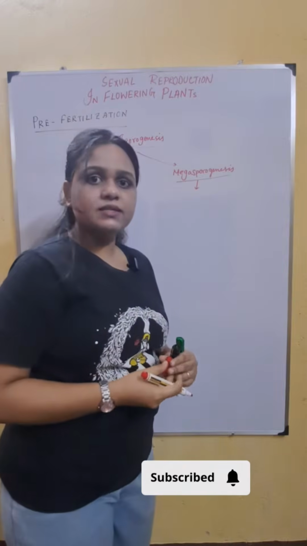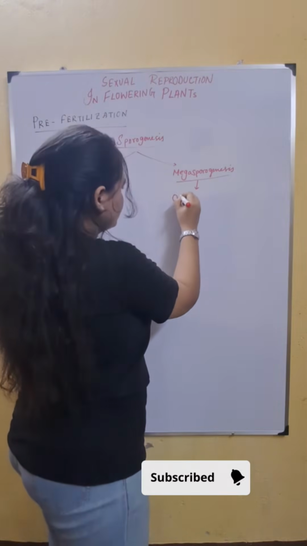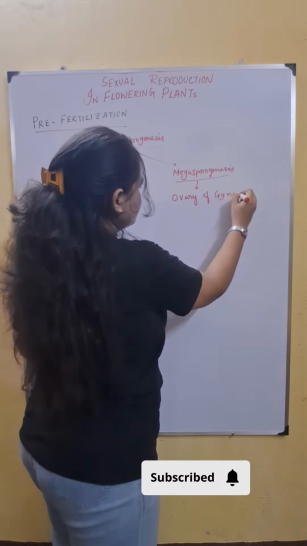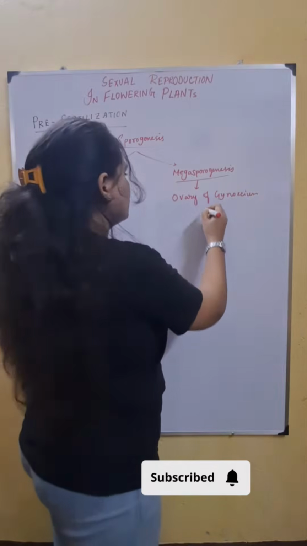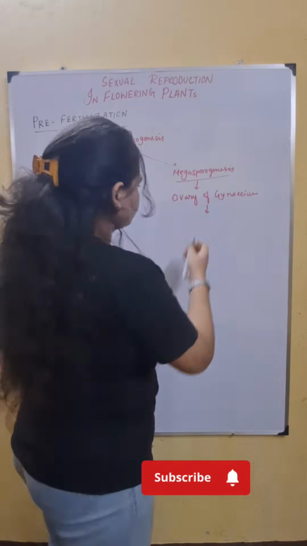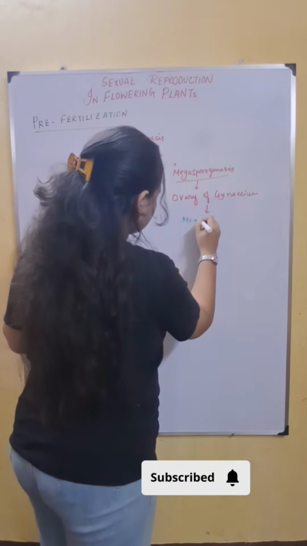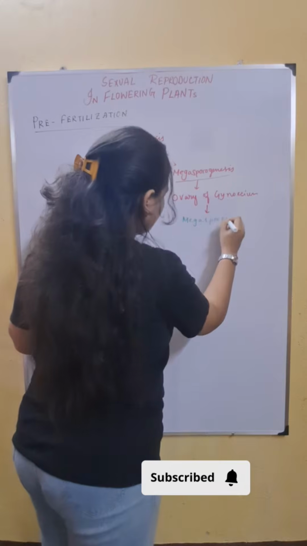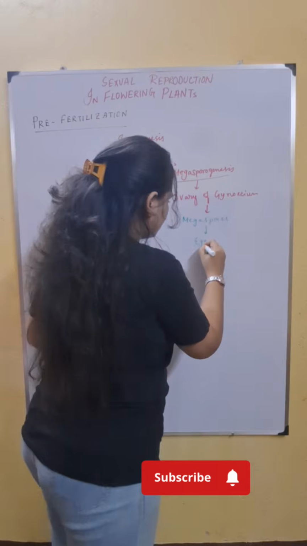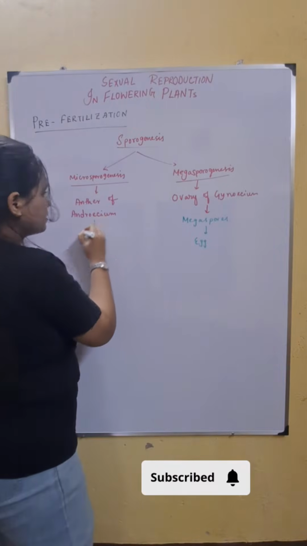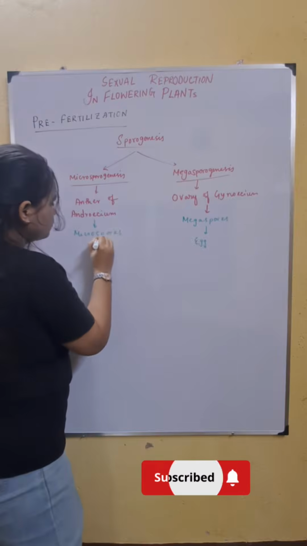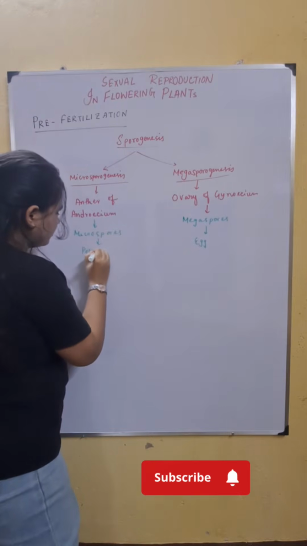Megasporogenesis occurs in the ovary of the gynoecium. It forms the megaspores, which will finally form the egg. Another one, microspores, which will form pollen grain.